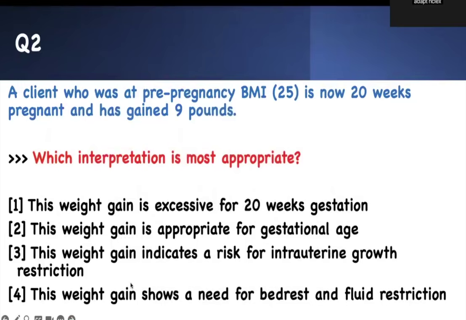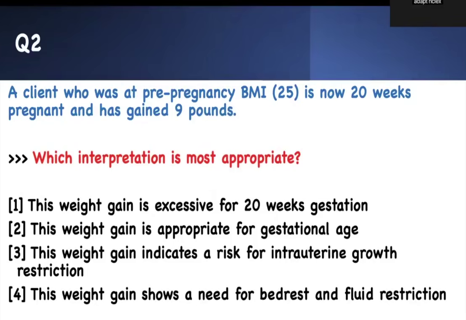First question. A client who was at a pre-pregnancy BMI of 25. Most people may not know how to calculate this. This is a hard question, but it's not hard. I'll give you a concept, write it down. When you see a question somewhere, and Dr. NCLEX got you, she said BMI 25. Now, 20 weeks pregnant, and has gained 9 pounds.